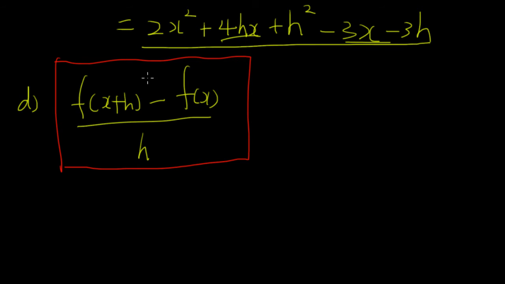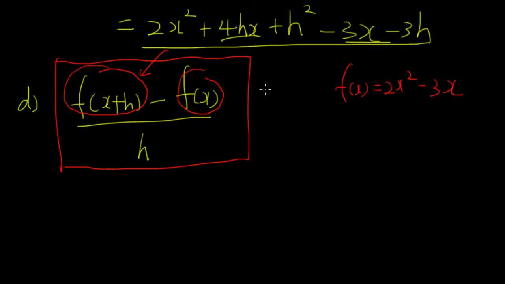Well, the good news is we already know what this is. We know what f of x is, because f of x was 2x squared minus 3x. So we can just put this in here over h. It's practically all given.